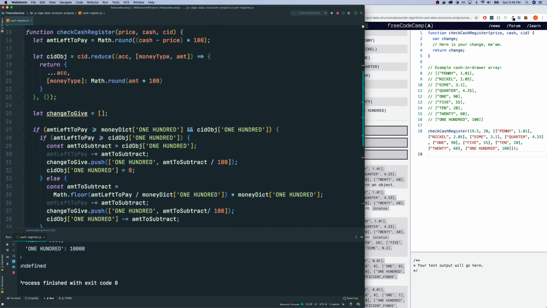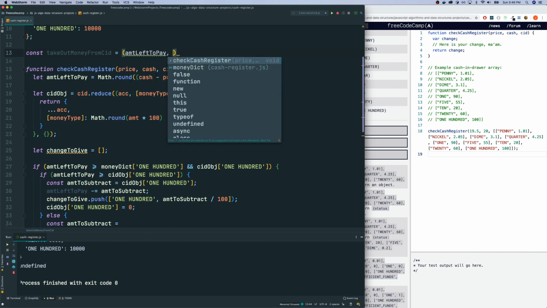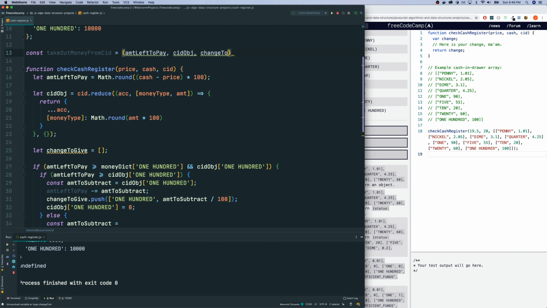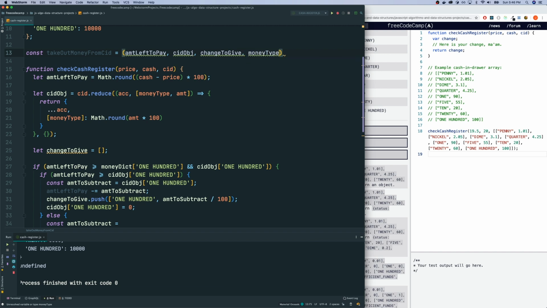Okay, but we have to pass in a couple of things. We have to pass in the amount left to pay, the CID object, and the change to give array. And finally, we have to pass in the money type, which can be 100, 20, and so on.